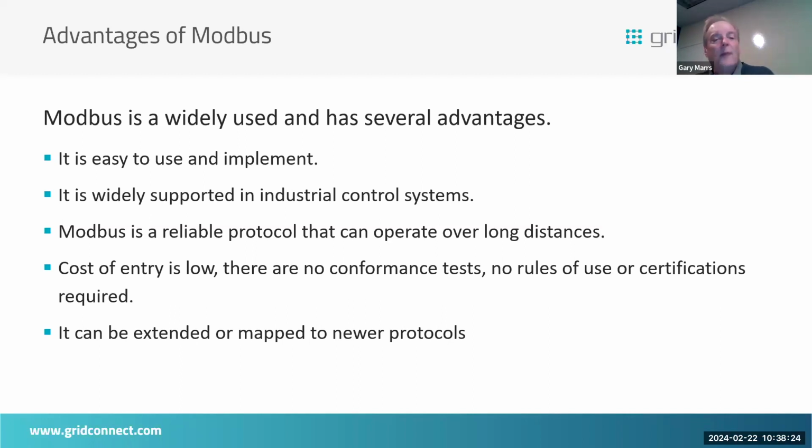It's highly interoperable. That's probably one of its other biggest advantages. You can buy devices from multiple vendors that talk Modbus and they'll all work on the network. And most recently, we'll talk a lot more about this as well. Modbus can be extended or mapped to most all the newer automation protocols like Ethernet IP or Profinet.